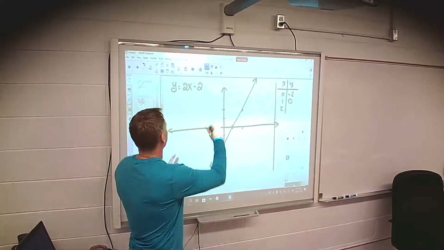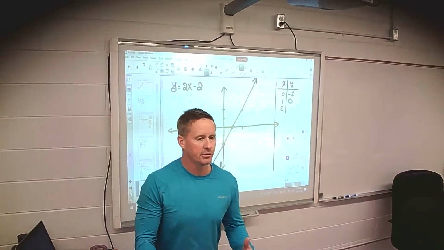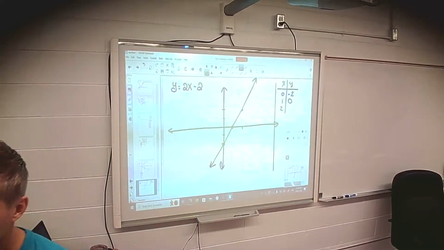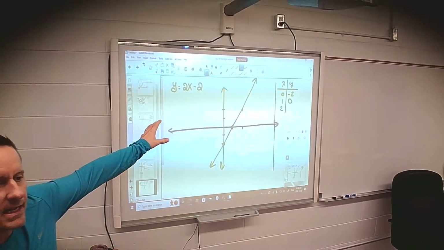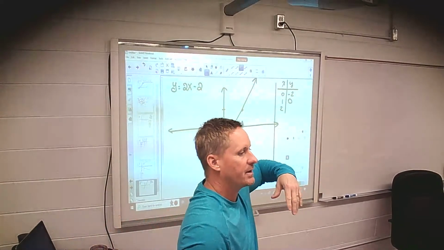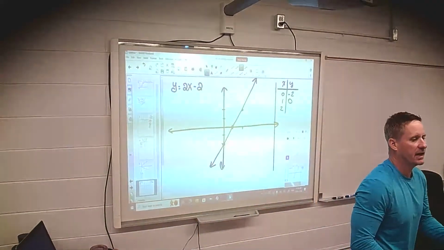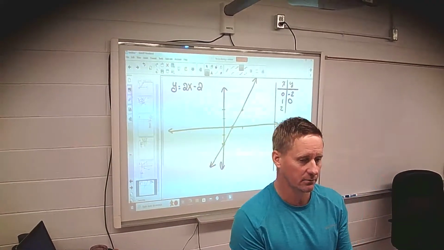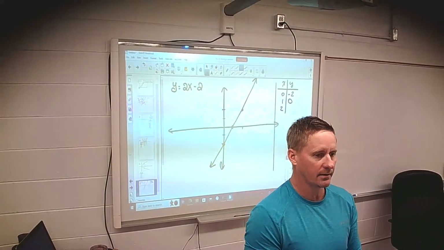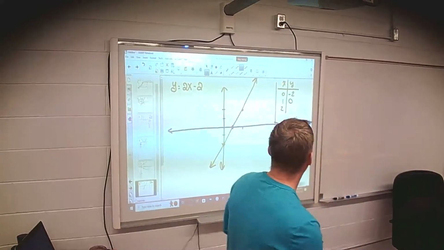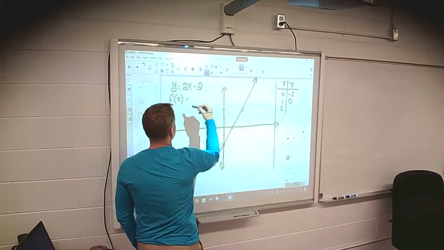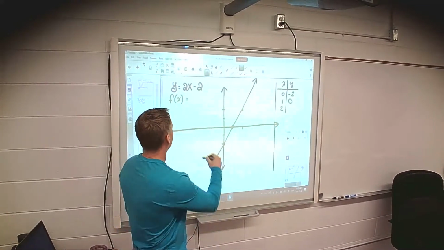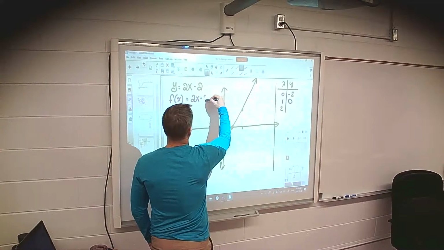Now, here's the first thing that is brand new to you today. To tell somebody that a graph is a function, we take the y equals out of there and we put in a function notation. Now it's just a notation. It still means y, but it's just going to look a little bit different. So here's a function notation. f of x equals 2x subtract 2.